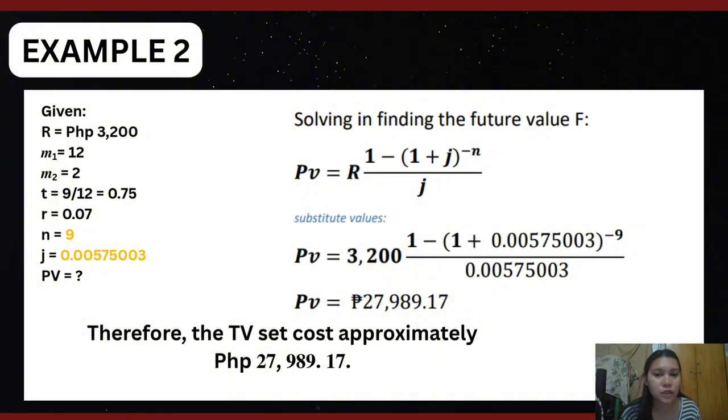Then we substitute all the givens. So PV is equal to 3,200 times 1 minus the quantity of 1 plus 0.005750003 raised to negative 9 over 0.005750003. So if we input that in our calculator, we get the value of 27,989.17.